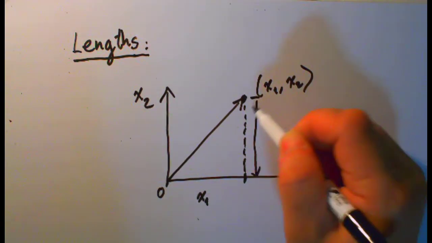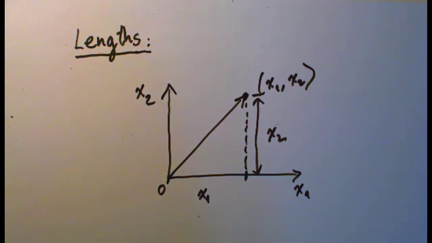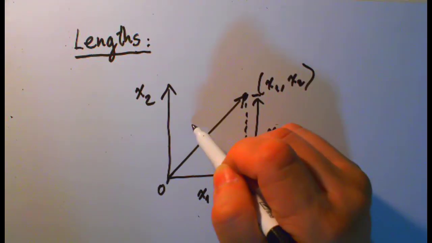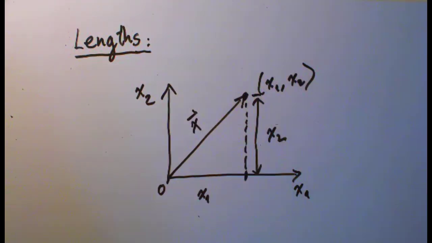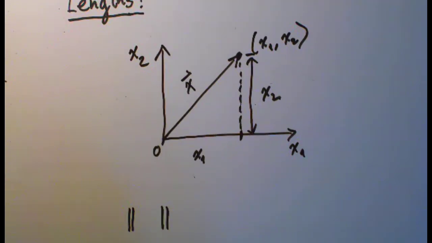And x2 is this length. The geometric meaning, the geometric length of this vector, let's call this vector the x vector, is simply the length of that vector. You have seen in some of your past courses that the length has a symbol of a double vertical line like this.